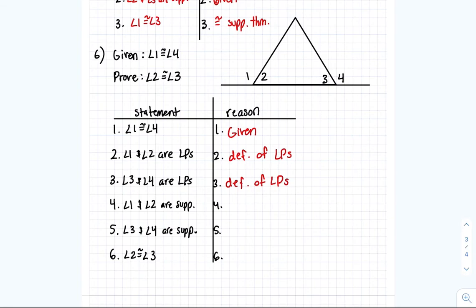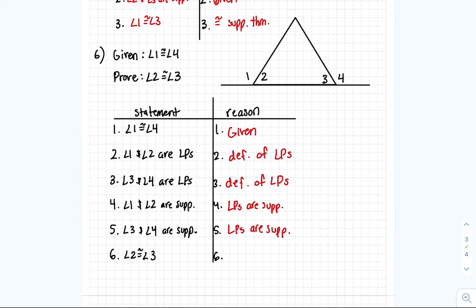Now, next, for step 4 and 5, you guys, since we already declared 1 and 2 and 3 and 4 are linear pairs, we can say that they're supplementary because we know linear pairs are supplementary. Now, since 1 and 2 are supplementary and angle 3 and 4 are supplementary, right? That forces angle 2 and angle 3 to be congruent to each other, right?